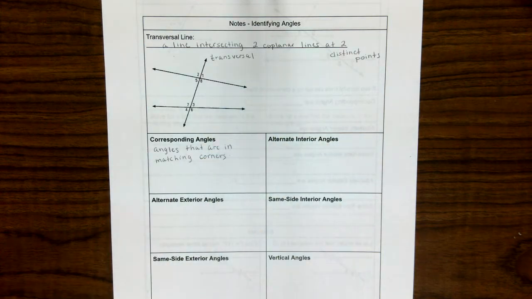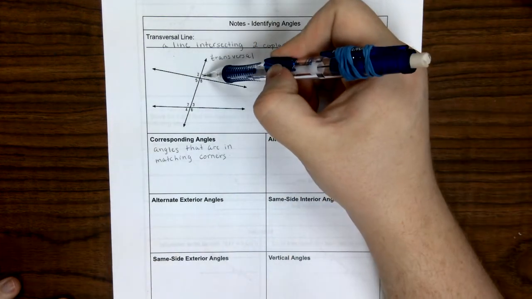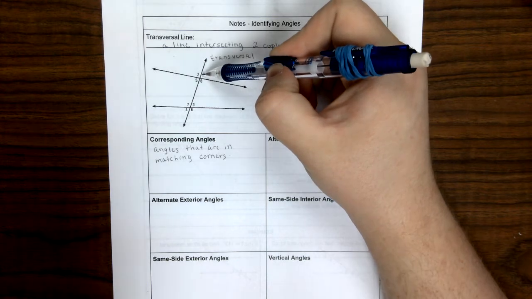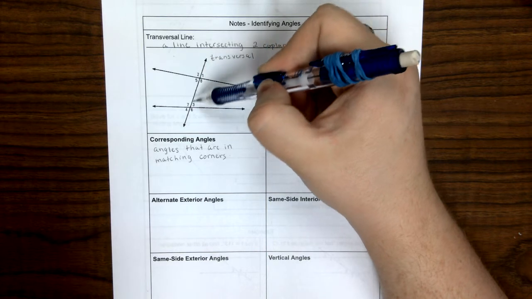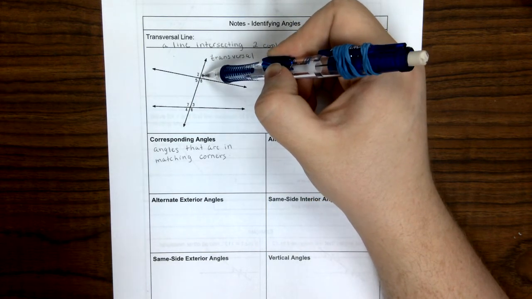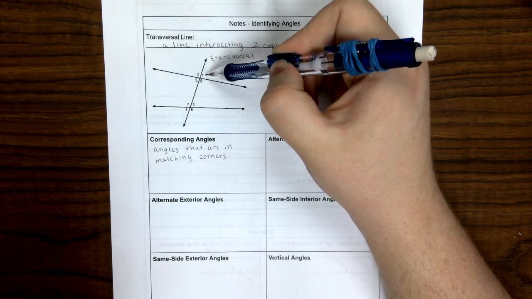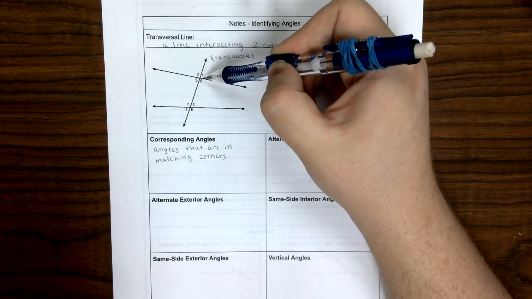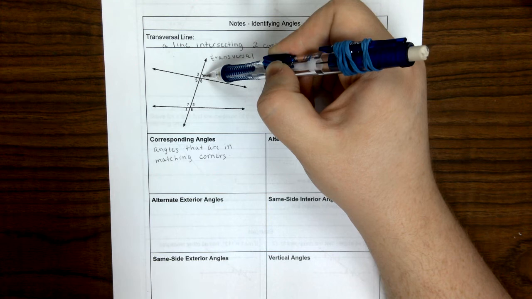That sounds kind of strange, but what I mean by that is, for example, let's look at angle 1 right here. I like to tell myself that there's a top area to look at and then a bottom area to look at. Angle 1 is in the upper right corner of this top neighborhood. If you think of all 4 of these angles as being the top neighborhood, angle 1 is in the upper right corner.